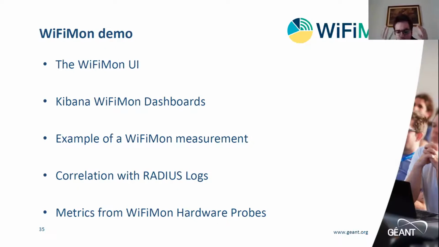Recall that the WiFiMon test server should be located close to you. You will also see the dashboards, both Kibana dashboards that are visible from the user interface. Correlation with Radius logs, not DHCP logs, but it doesn't matter a lot. And metrics from probes. Pavle, you will play the video.